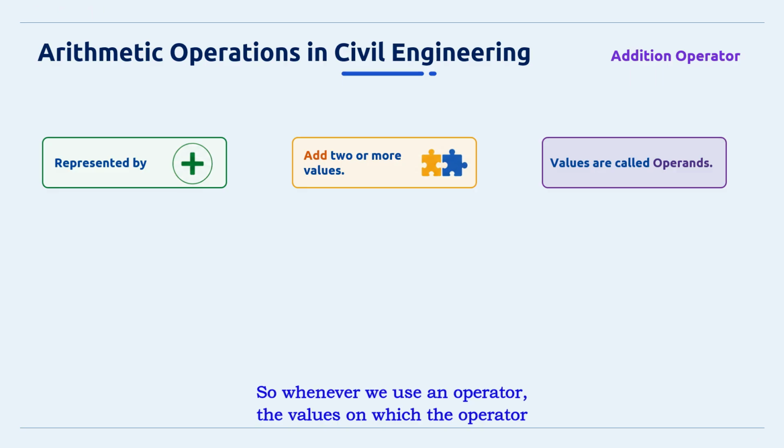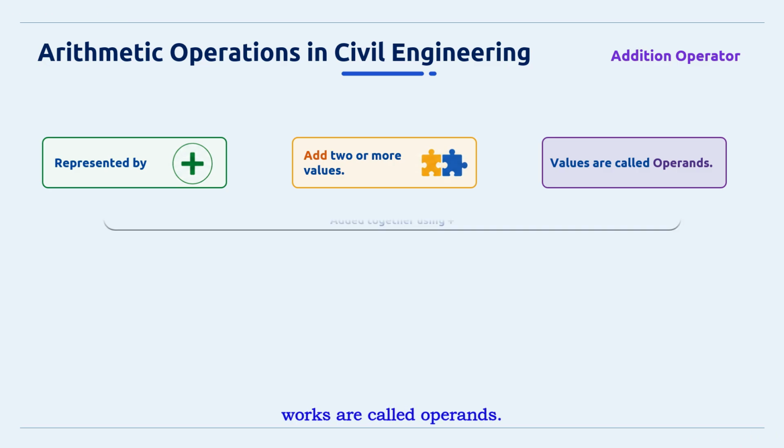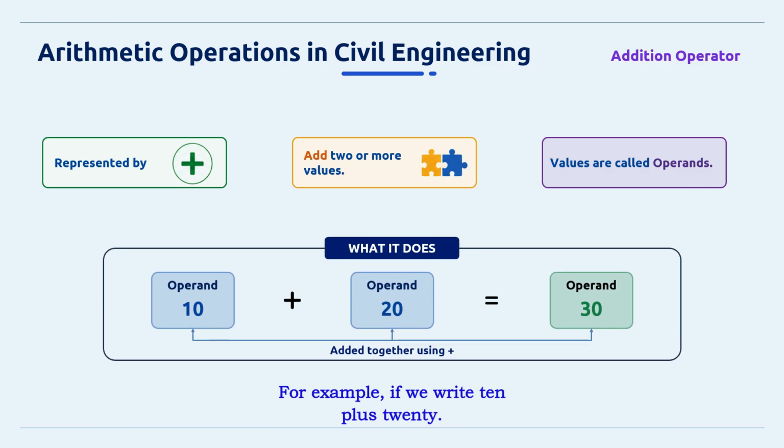So whenever we use an operator, the values on which the operator works are called operands. For example, if we write 10 plus 20, here 10 is an operand, 20 is another operand. So there are two operands.